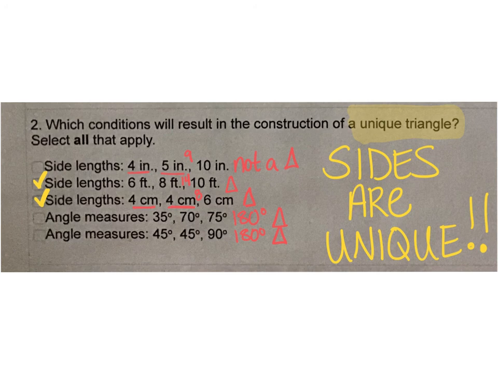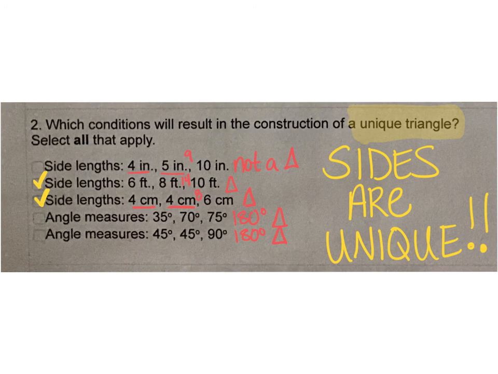Being able to make a bunch of different 60, 60, 60 triangles, is that unique? No. What does unique mean if somebody is unique? I'm different. You're different. There's only one of you. You're not like everybody else. So sides are unique. You can have an infinite amount of triangles that are 60, 60, 60.